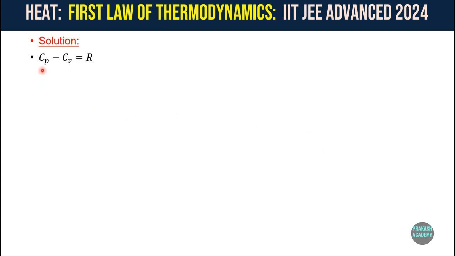If you remember, Cp minus Cv equals R, that is molar heat capacity at constant pressure minus molar heat capacity at constant volume; the difference of these two quantities equals the gas constant R. We also know that Cp by Cv equals gamma. From the first equation I can write Cp equals R plus Cv, so R plus Cv over Cv equals gamma. Solving for Cv, this will be R by gamma minus 1. This is an expression that relates Cv with gamma.